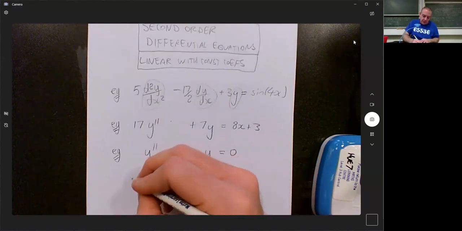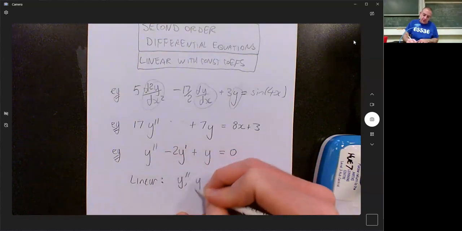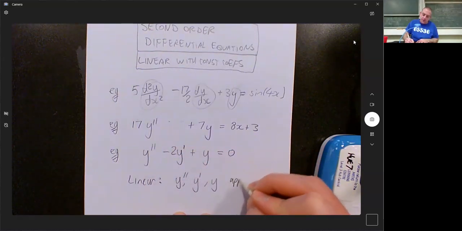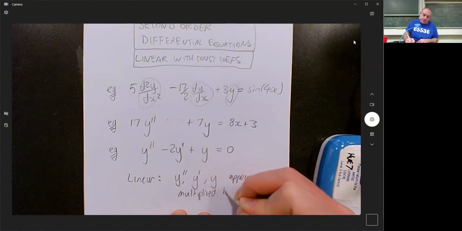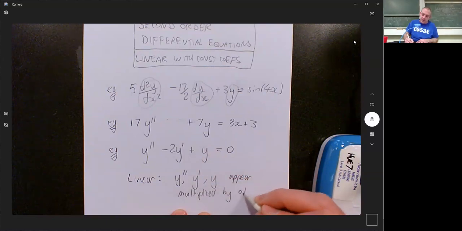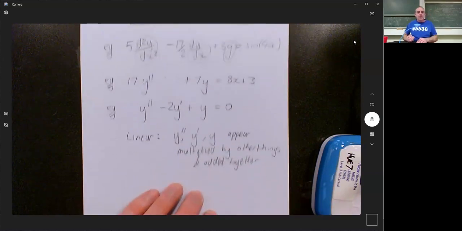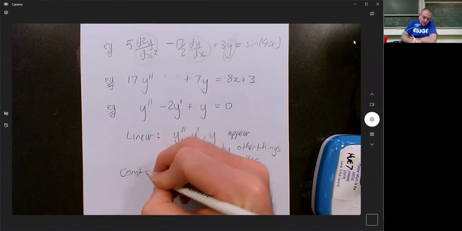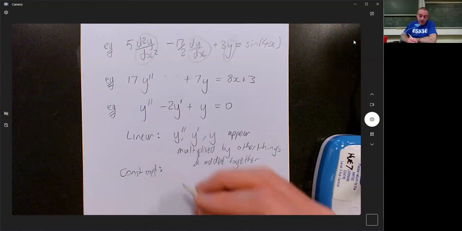And the linear is referring to the fact that y double dashed and y dashed and y up here are multiplied by other things and added together, and the constant coefficients is referring to the fact that the things the y double dashed and the y dashed and the y are multiplied by are constants and not functions of x.